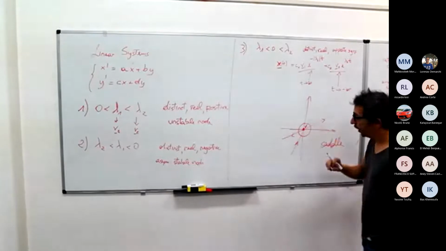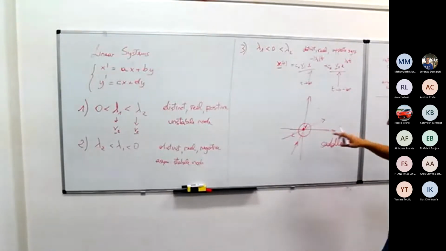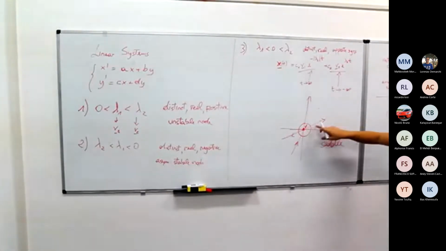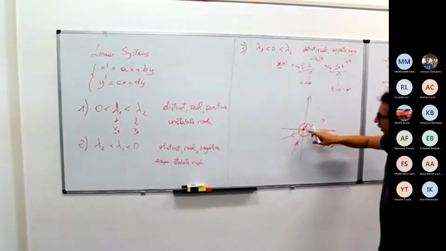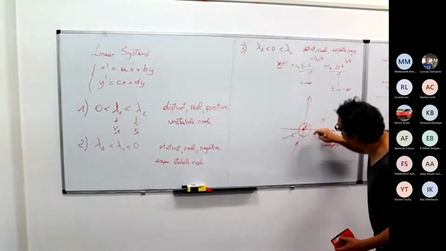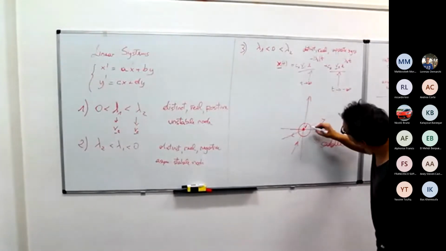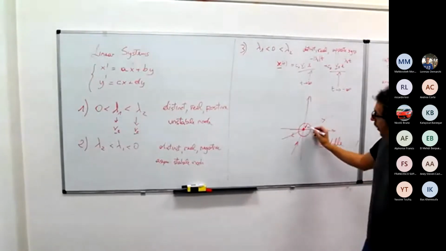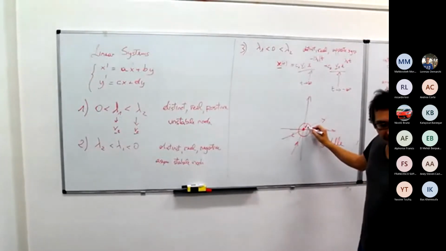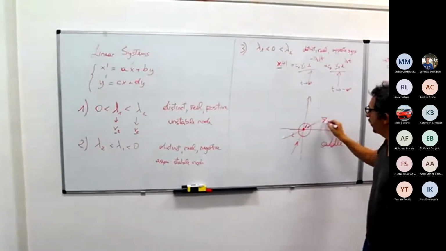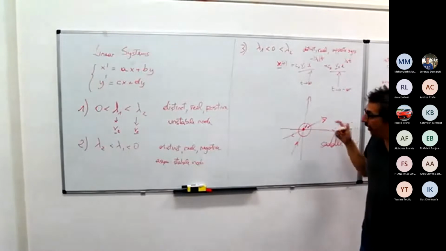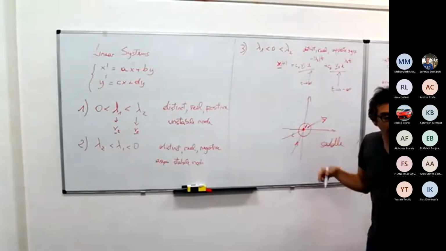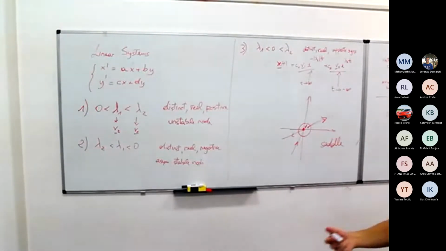But now, let me instead consider this other branch. And instead of starting here, let me start from some point here. Okay. The orbit which is starting here, with initial data here, is going outside, going in this direction, leaving the neighborhood of the critical point.